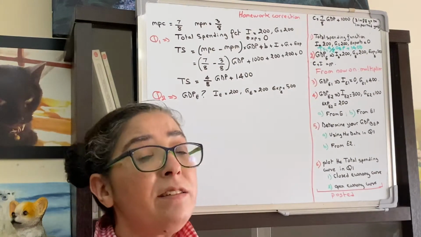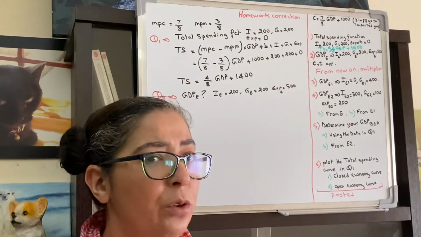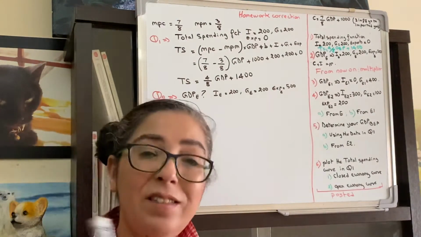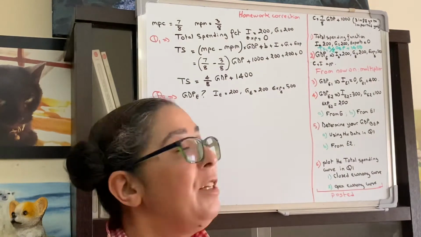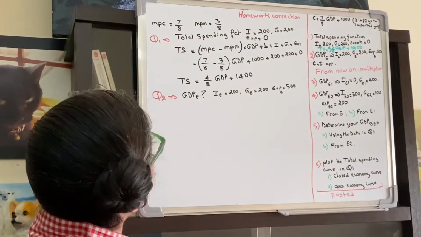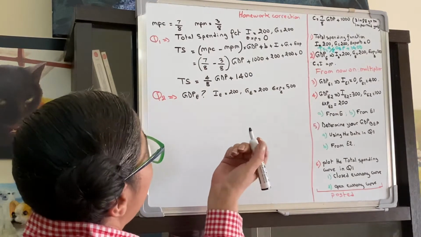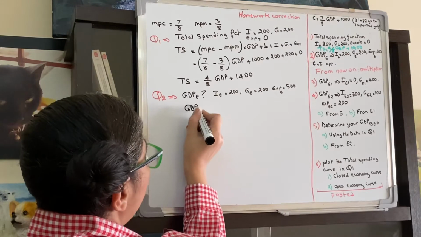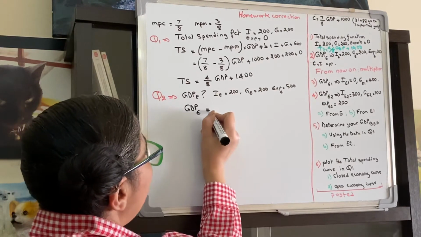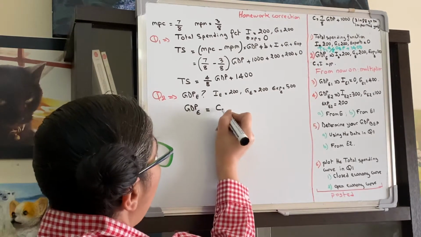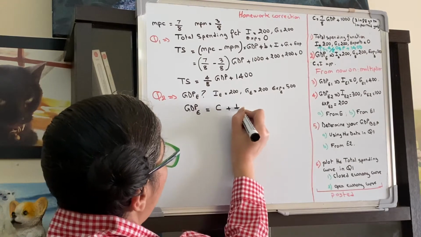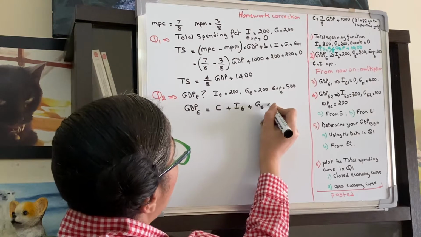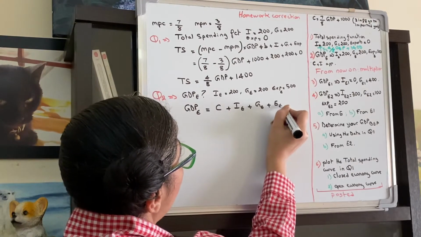So in the C plus I approach, do I only use C plus I? No, we've done this before. So it's C plus I plus G plus X in the open economy. So when do you have an equilibrium? It's when your GDP at equilibrium is equal to your consumption plus your investment plus your government plus your net exports.